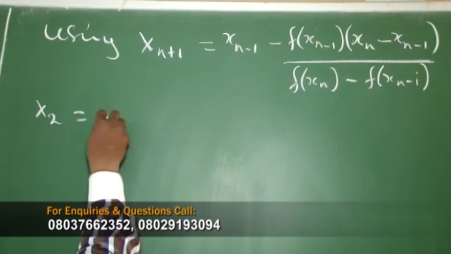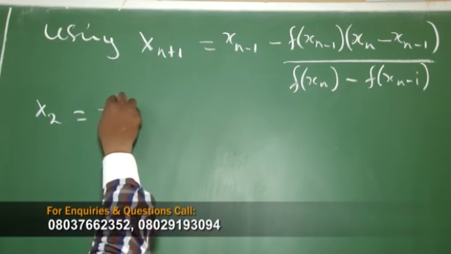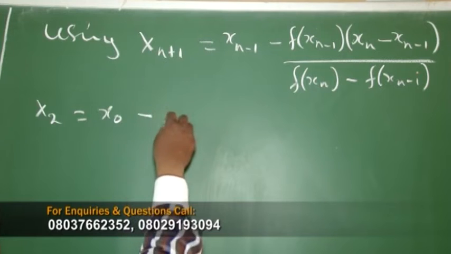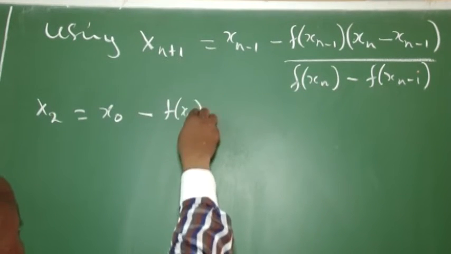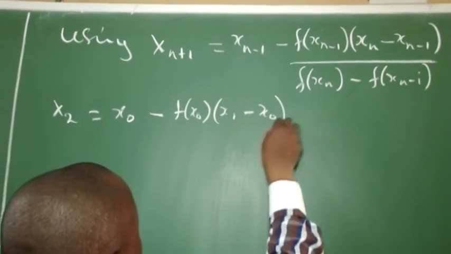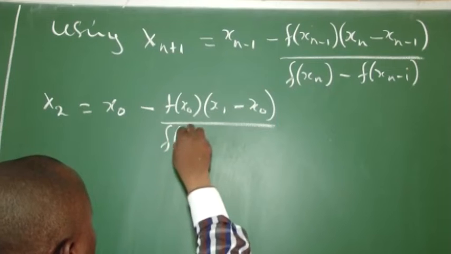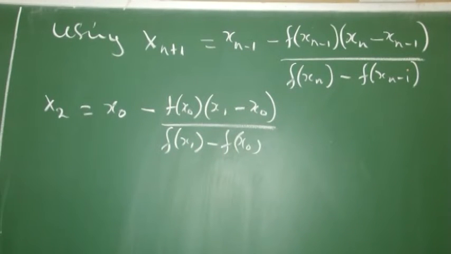S2 will be equal to x0 minus f of x0 times s1 minus x0 over f of s1 minus f of x0.